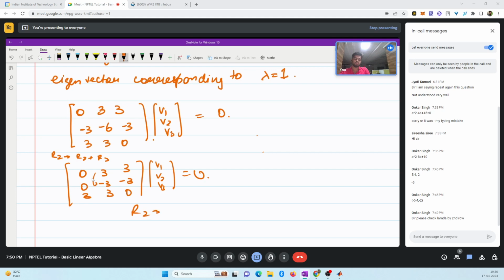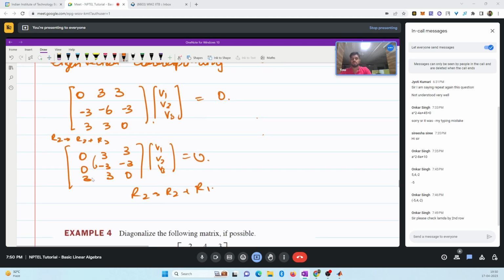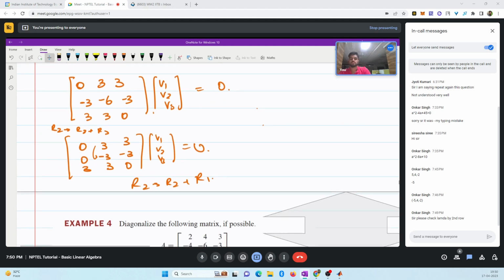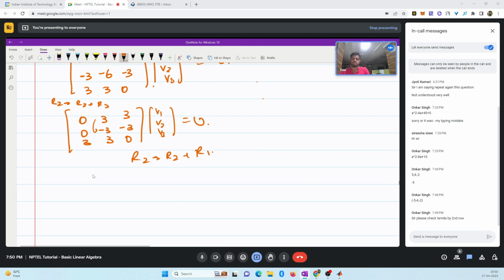So R2 goes to R2 plus R1, and what I obtain is [0, 3, 3; 0, 0, 0; 3, 3, 0] times V1, V2, V3.